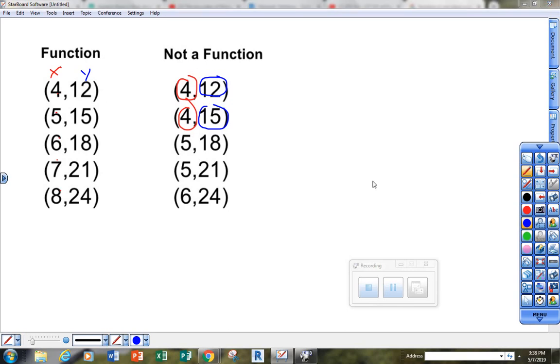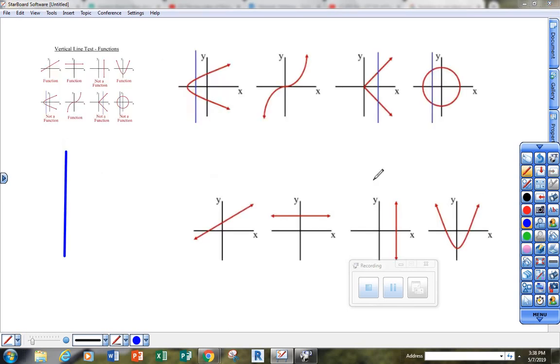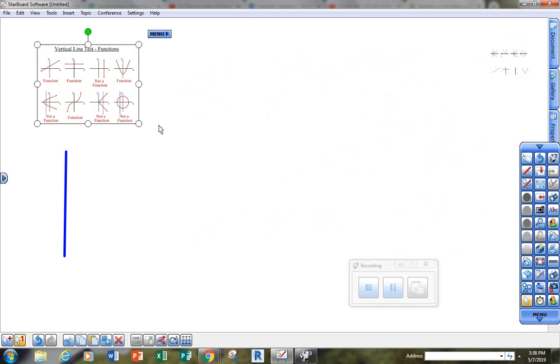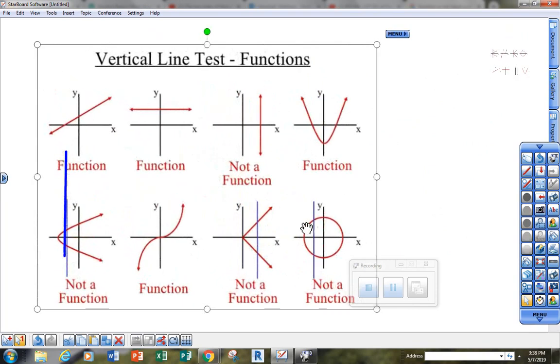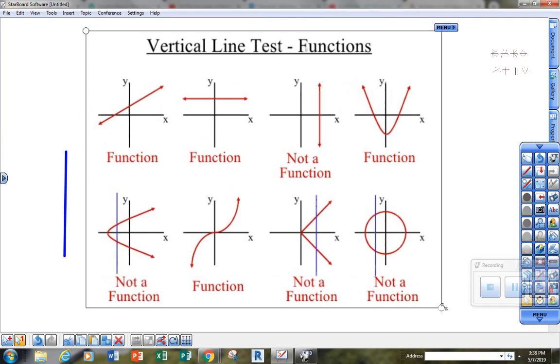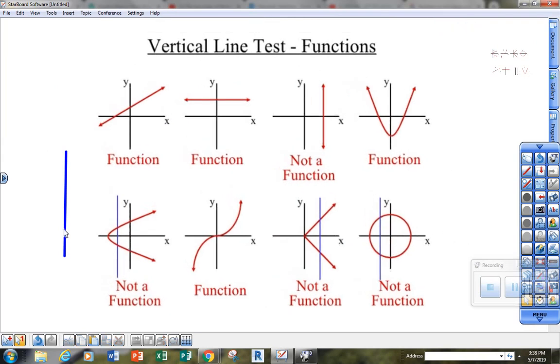All right, the fourth word is for. Okay, for graphs, to see if a graph makes a function, you're still applying the idea that every input has exactly one output, but for a graph you're running a vertical line through it.